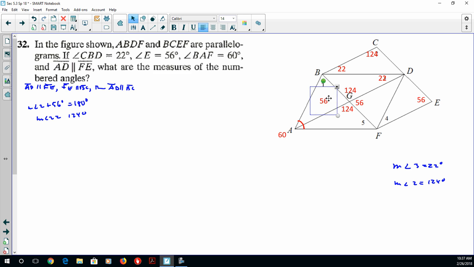All right, what else do we have here? Okay, so I've got just 2 and 3 are the only ones. Let's take a look at the measure of angle.